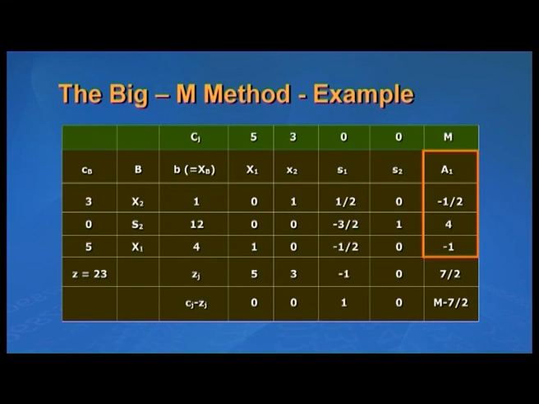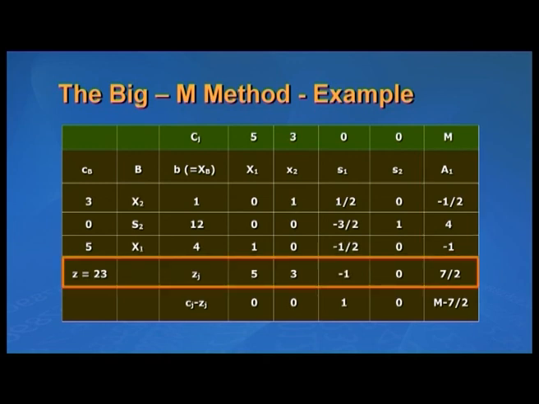The values of A1 are minus 1 by 2, 4 and minus 1. The value of Z is 23. The values of Zj are 5, 3, minus 1, 0 and 7 by 2. The values of Cj minus Zj are 0, 0, 1, 0 and M minus 7 by 2.